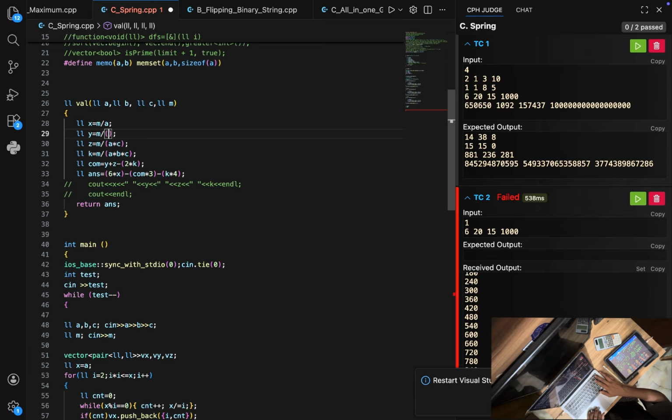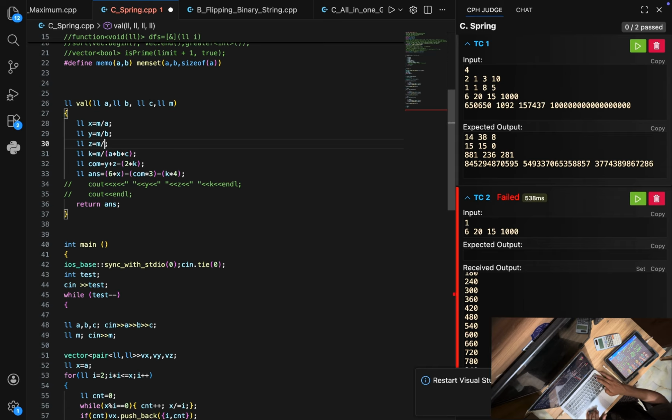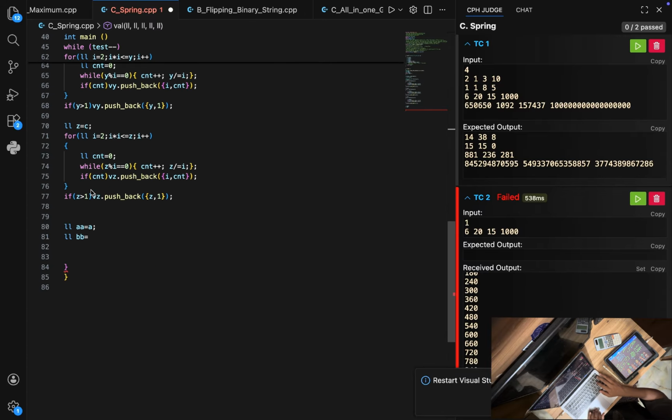It's just replaced by b, replaced by c and replaced by z. ABC long long z. Okay, and common gets that and that. B equal to A into B.